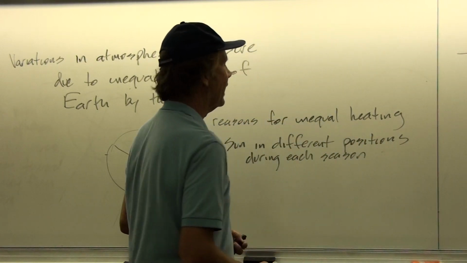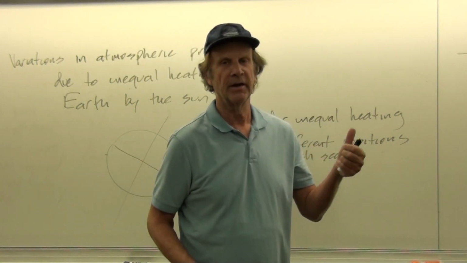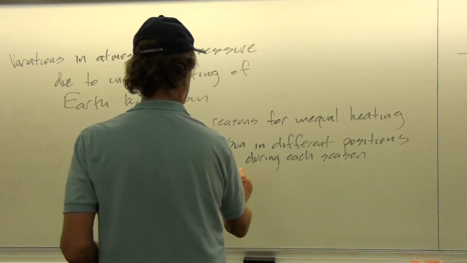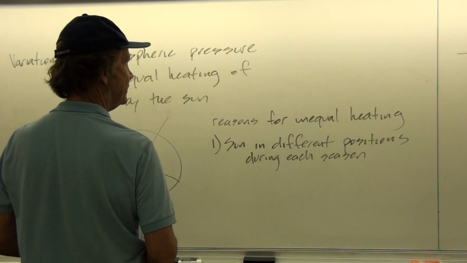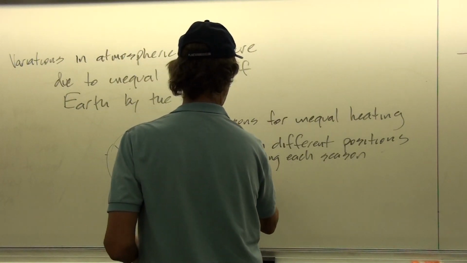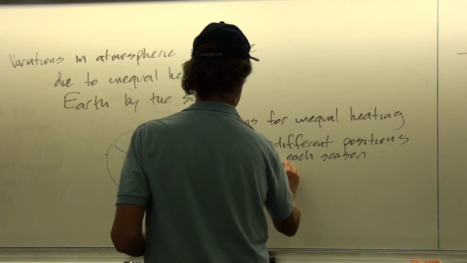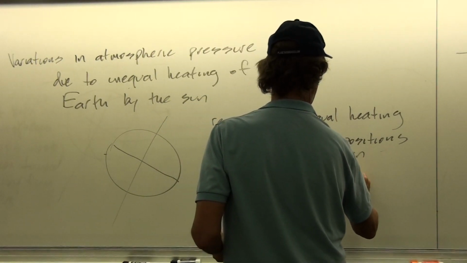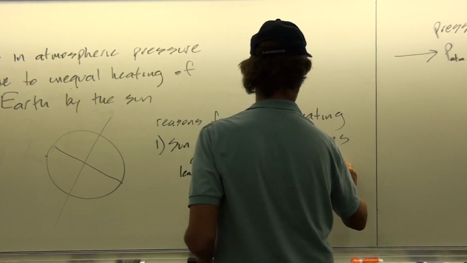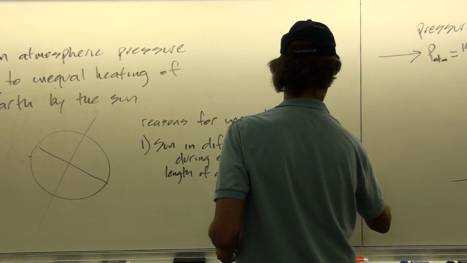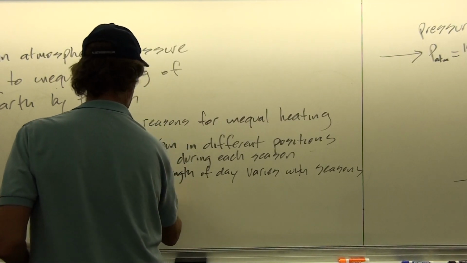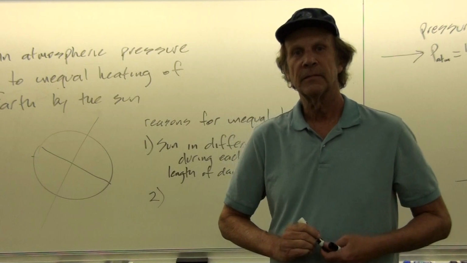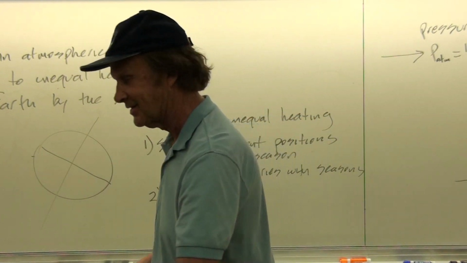As we saw before, higher in the sky during the summer months, lower in the sky during the winter months. And also the length of the day varies. We also have the sun is in a different position in the sky at different times in the same day, regardless of the season.